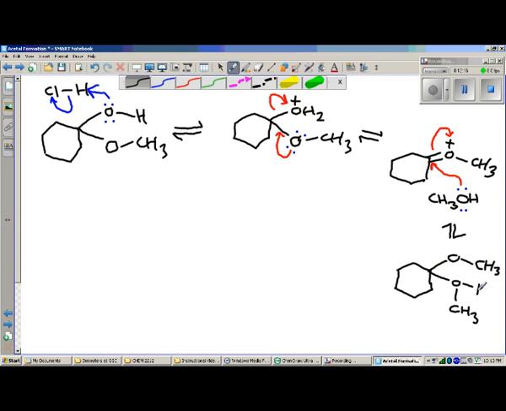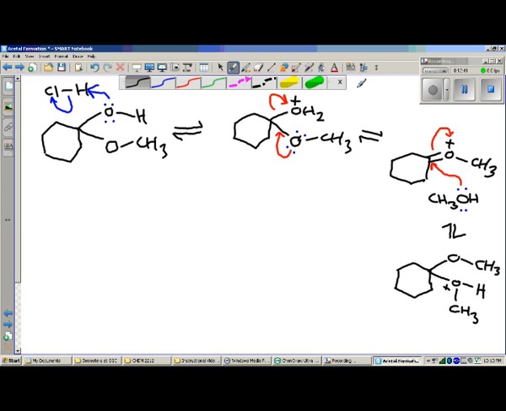Well, it's the hydrogen. What do we have on an oxygen that's got three bonds to it? Of course, it's a plus charge. Okay, you know what? Let me put that in a place where it's a little more clear about where it actually is. So that plus charge is on this oxygen.